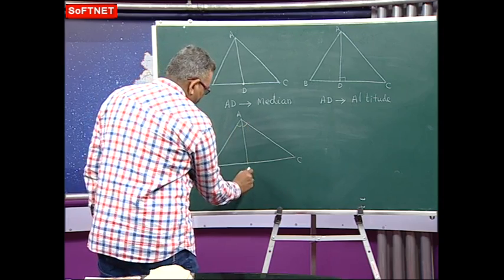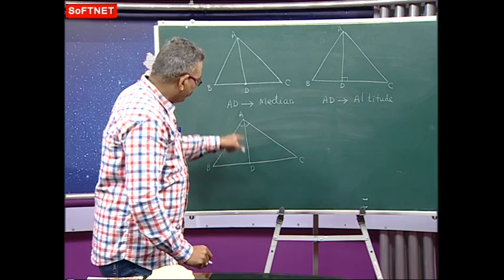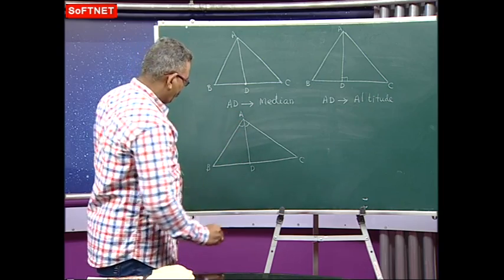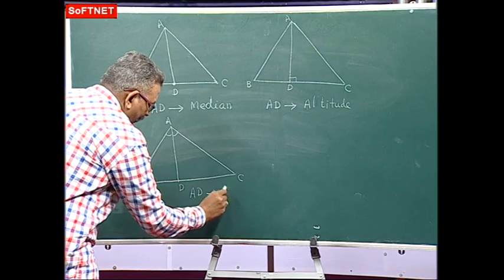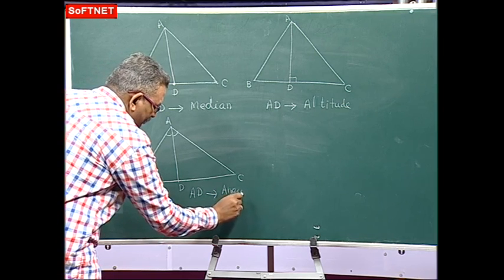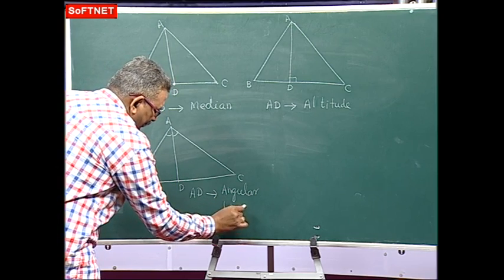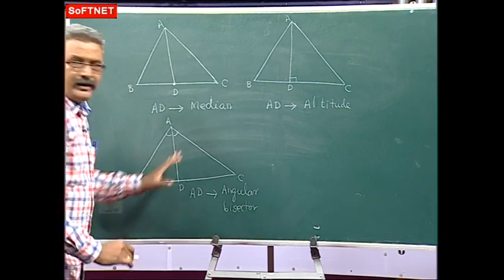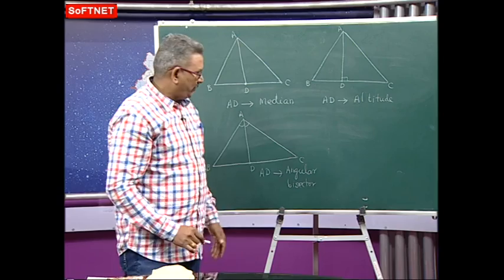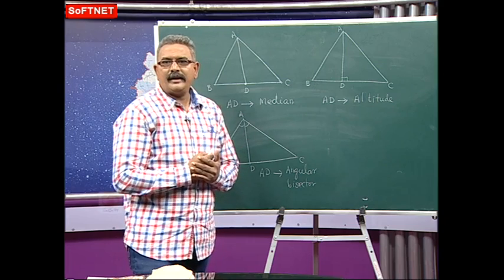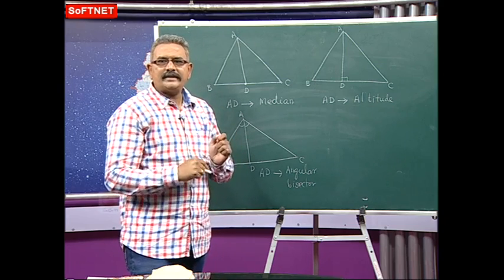So this AD is called the internal angular bisector of A. So AD is the angular bisector, and which is the internal angular bisector. In a similar pattern, we can find out external angular bisectors also. So that we will discuss later.